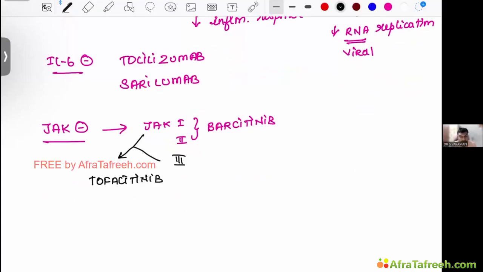It is used in combination with steroids. So these are the major drugs actually found to be useful.